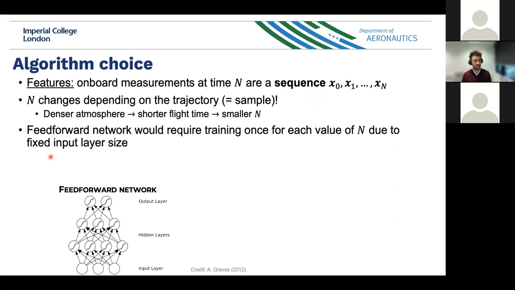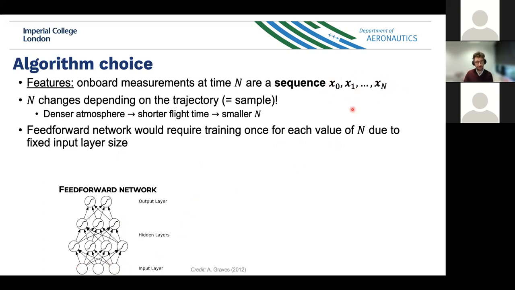The simplest, in some way, deep learning algorithm is, as you probably know, a feed-forward network. However, this will require retraining the network once for each value of n, due to the fact that the input layer to the network is a fixed size.